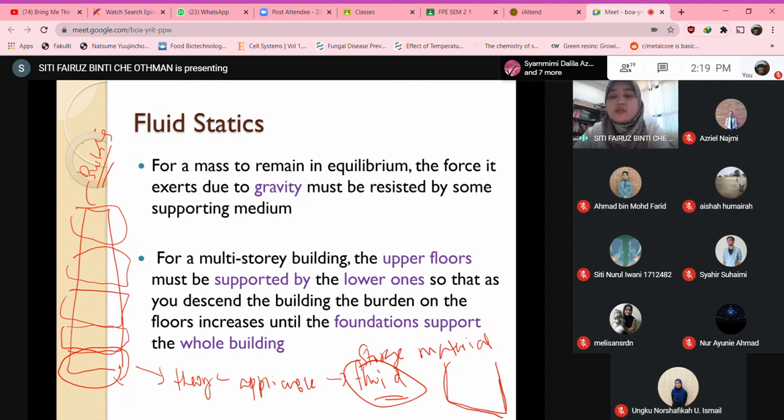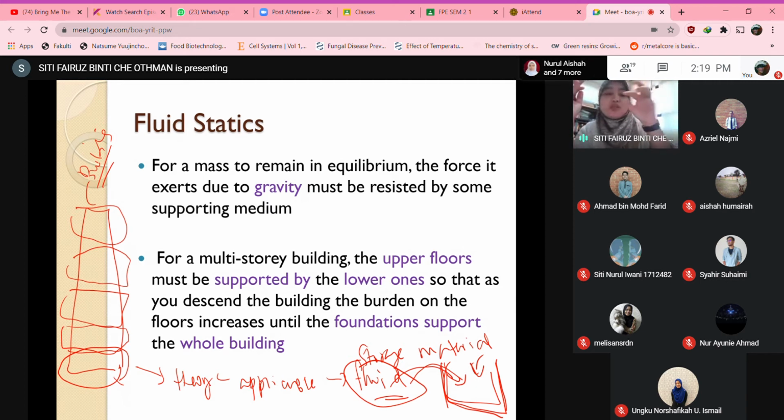You cannot just simply store fluid in a tank; you have to be sure that the tank can actually support the fluid. Sometimes if you want to build a plant, it is not an open container, sometimes it is a closed container. When you're dealing with a closed system, you have to make sure the whole system can support the pressure that it holds. So you have to be able to calculate this.